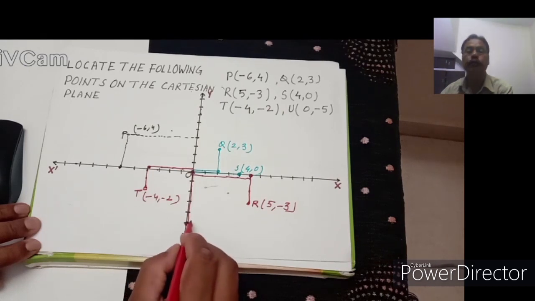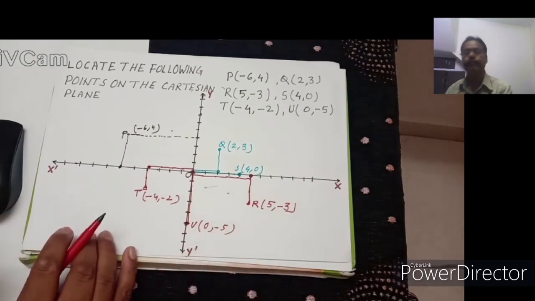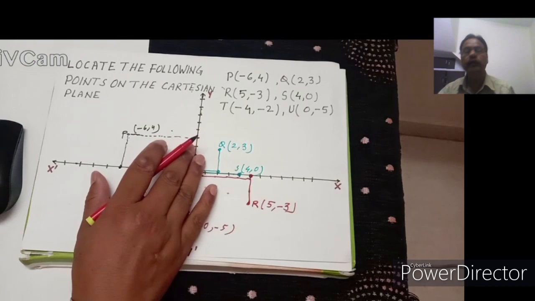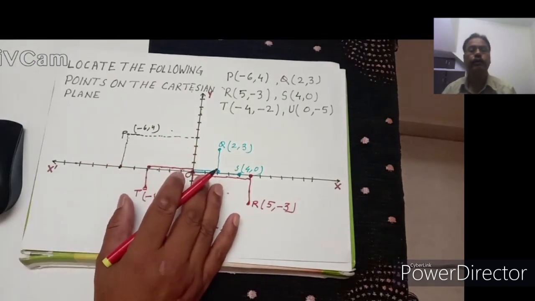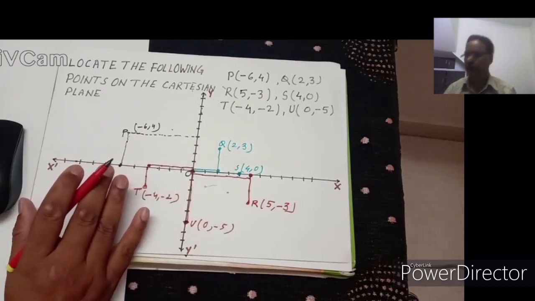So this is the point U. Its coordinate is 0, -5. I think you have understood how do we plot the given points on the Cartesian plane or on the graph paper. Understand?